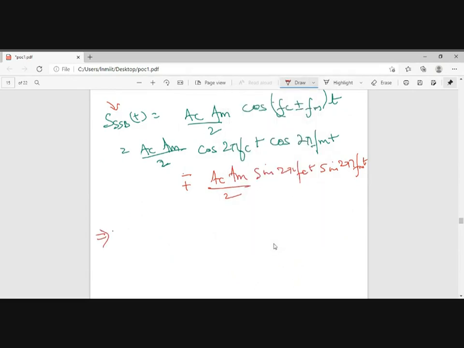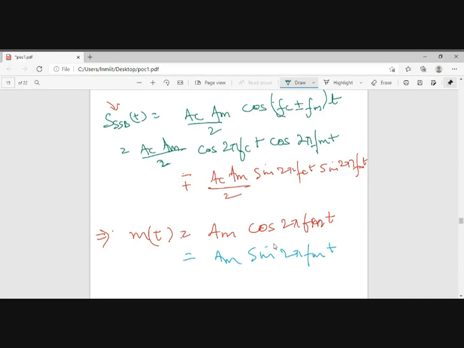Now see this. Ac, Am cos 2 pi fmt, Am sin 2 pi fmt. If mt was equal to Am cos 2 pi fmt, we have taken this. So can someone tell me what will be Am sin of 2 pi fmt? कोई हमने ऐसी कोई ट्रांसफॉर्म पढ़ा था जो कि 90 डिग्री का फेज शिफ्ट देता है?